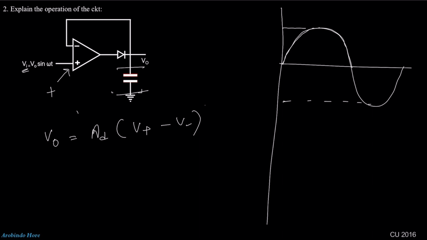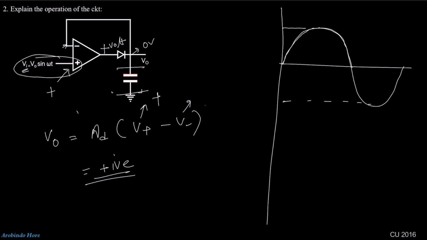We give the input voltage V plus as positive, and in the V minus we didn't give any input. That means we will get a positive voltage at the output, as we are giving the positive voltage to the non-inverting terminal. In the negative terminal we didn't give any input, so that is 0.